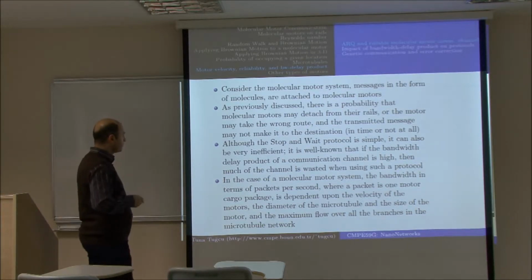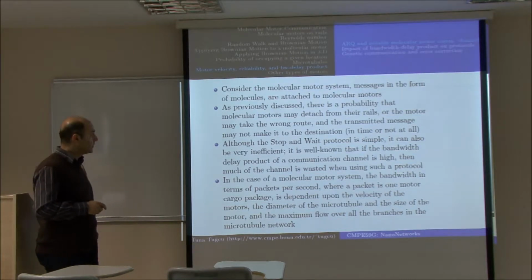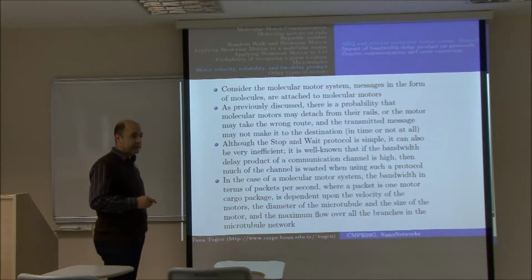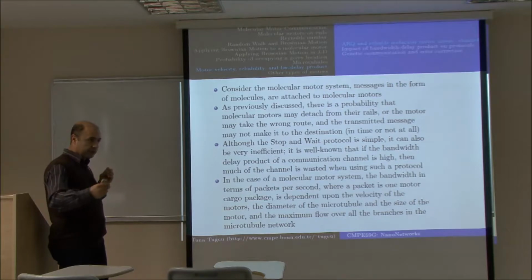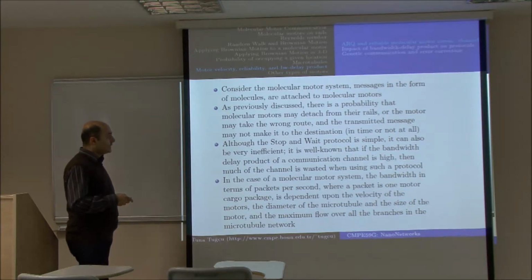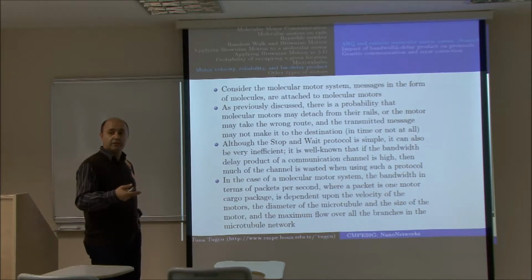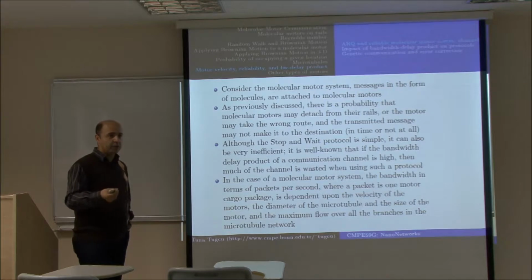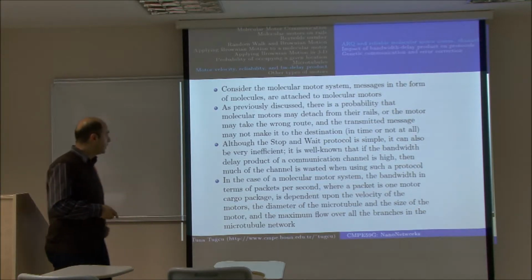Okay? So, considering molecular motors, motor systems, now we have our messages or packets in the form of chemical substances, molecules. And these will be now attached onto the molecular motors. Typically, you don't attach the molecule itself directly on the molecular motor, but you put it in a vesicle and attach the vesicle on the molecular motor.